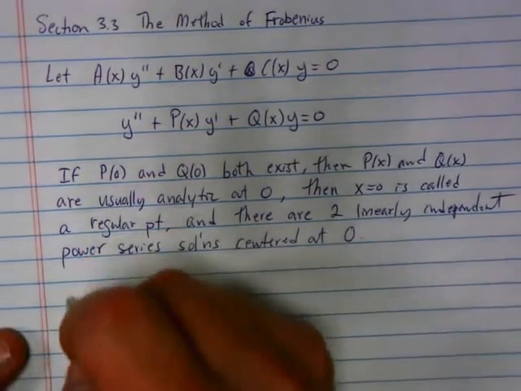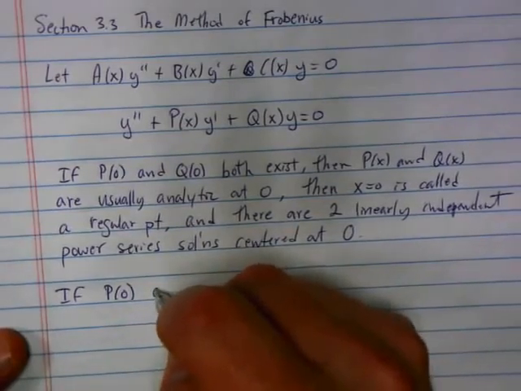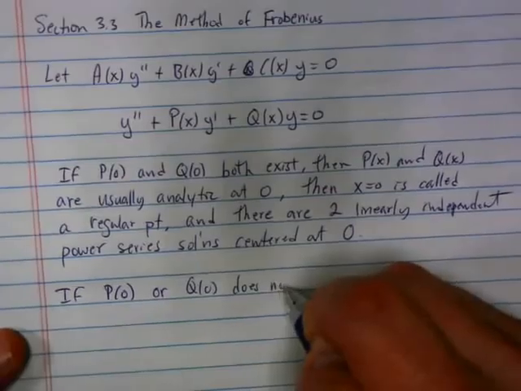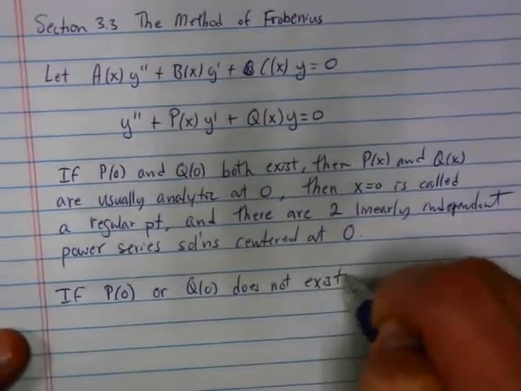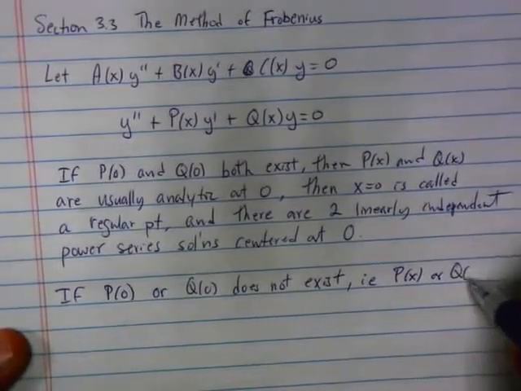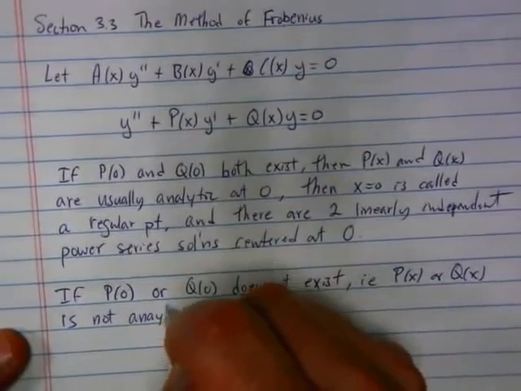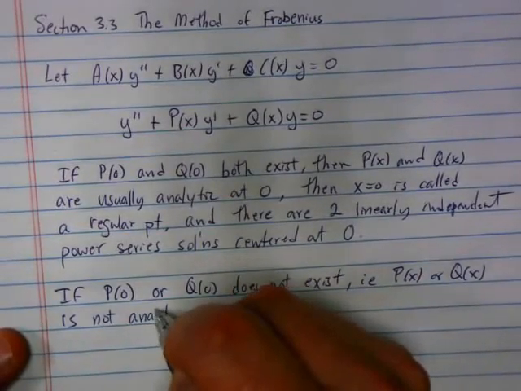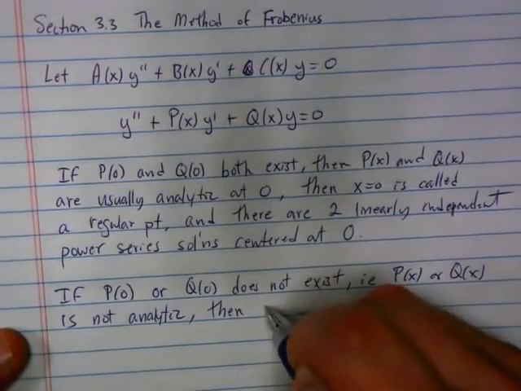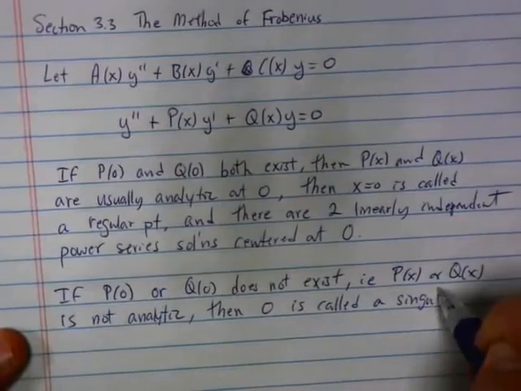So if P at 0 or Q of 0 does not exist, i.e. P of x or Q of x is not analytic, then 0 is called a singular point.